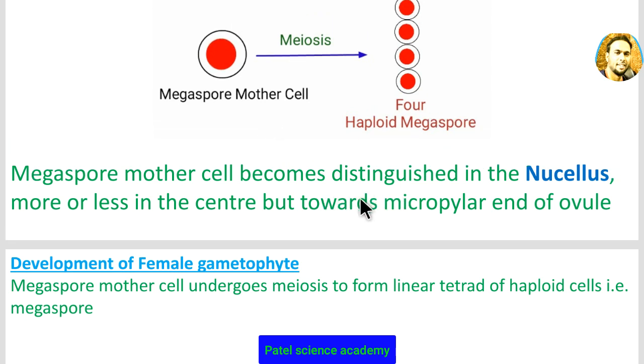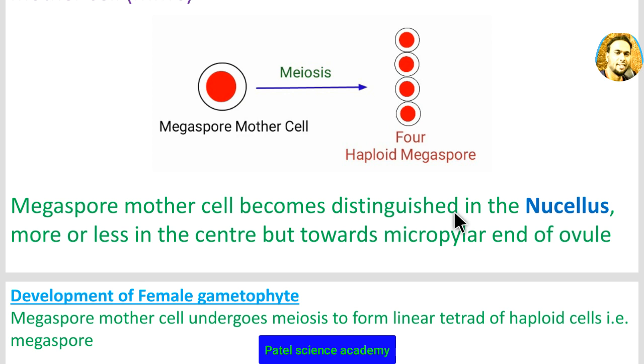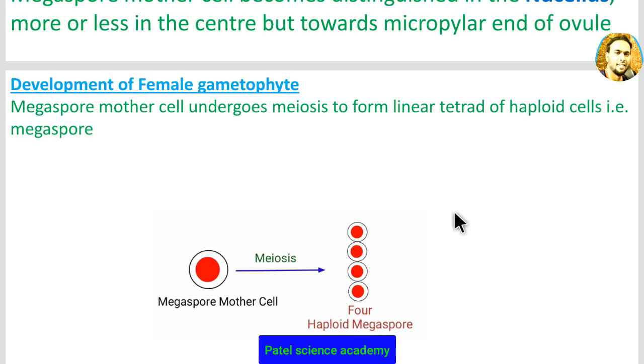I hope you remember the structure of the anatropous ovule, in which there are two main parts, the micropyle and, in front of the micropyle, the chalaza. So now we'll see its detail.